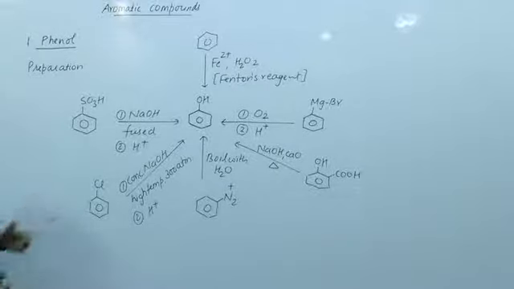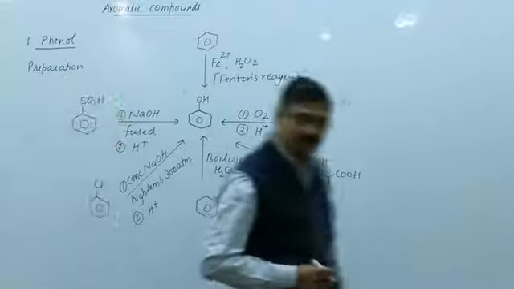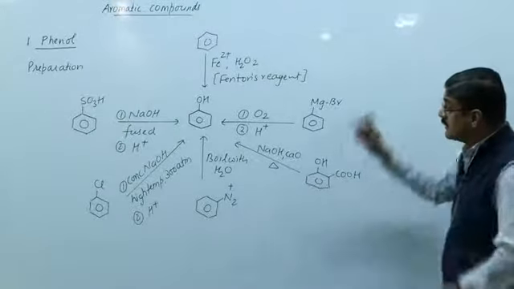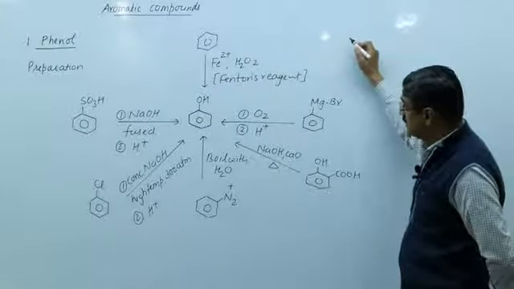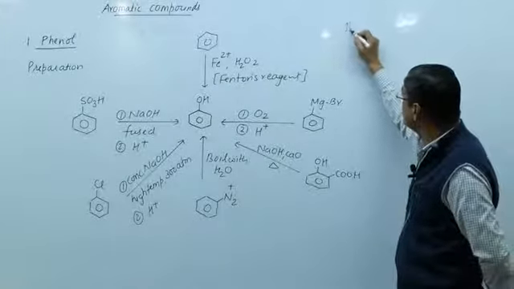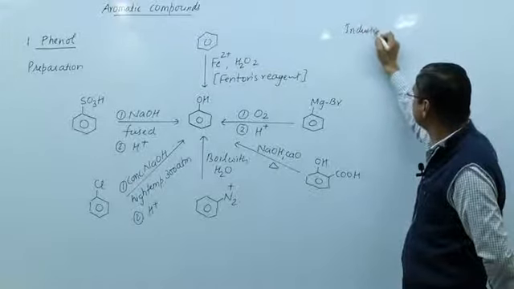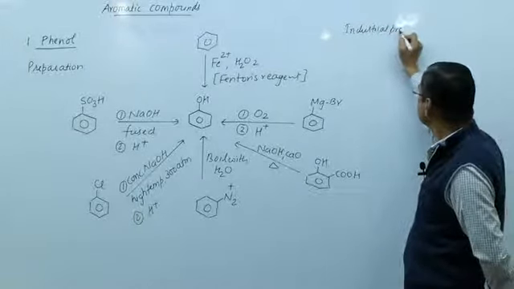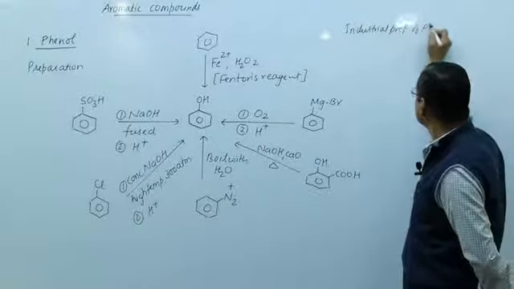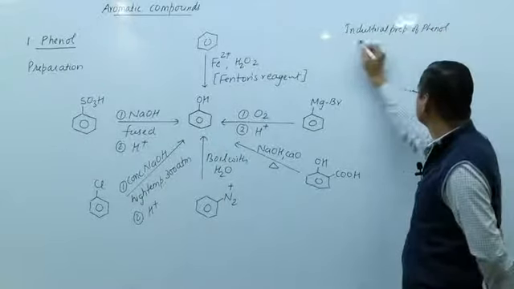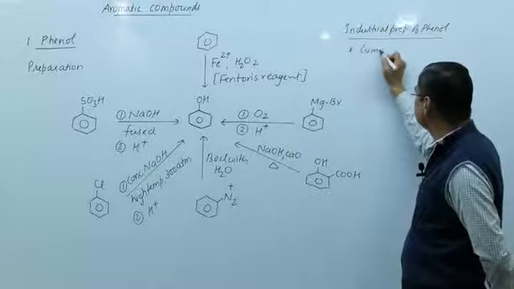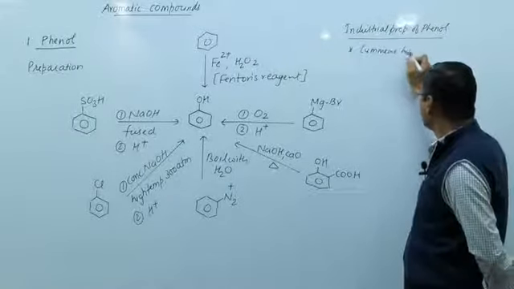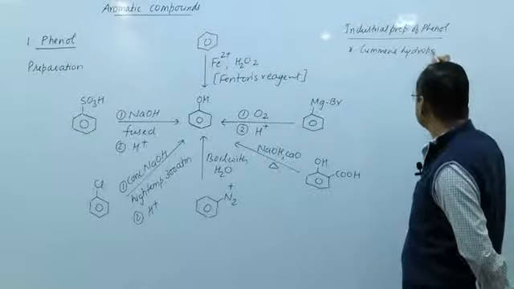So there are 6 preparations here, and one more preparation for the phenol is very important, and this is the industrial preparation. So I write the industrial preparation. This method is known as the cumene hydroperoxide method.